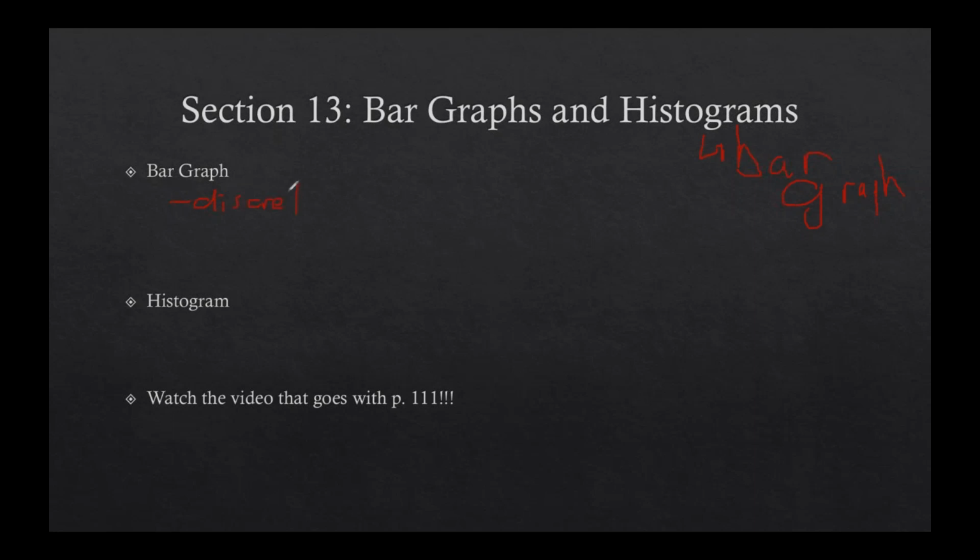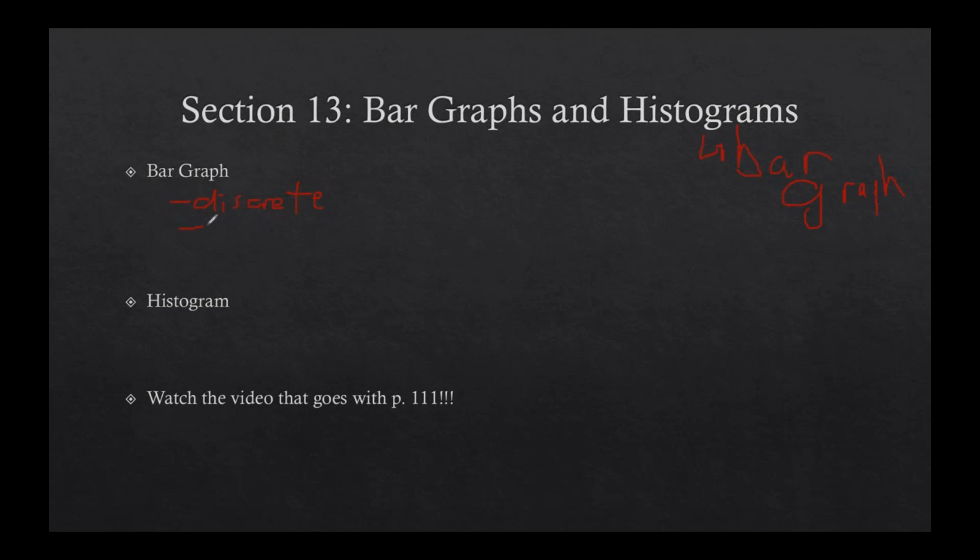When I talk about discrete, I'm talking about things that are separate from each other. Like the number of runs the Yankees scored in a game. You can score 0 runs or 1 run or 2 runs or 3 runs, but you can't score 1.5, right? So when you think about discrete, you think about almost counting.